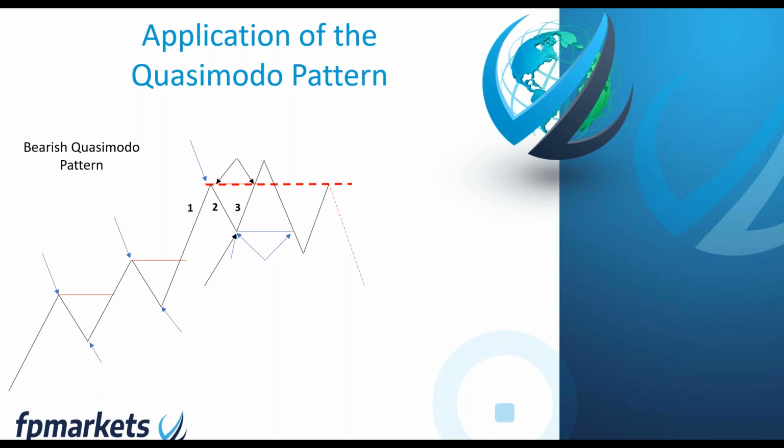Leg 4 forms the lower low, as we've already discussed in the psychology part, and that's followed by leg 5 penciling in the pullback, which brings us to what I call the QM left shoulder, and a lot of QM traders, I believe, refer to this as a QM left shoulder.